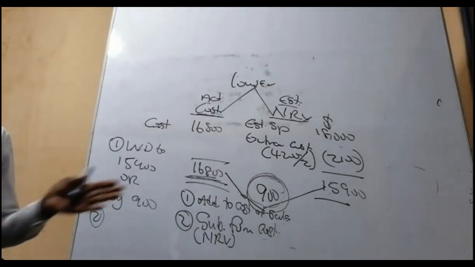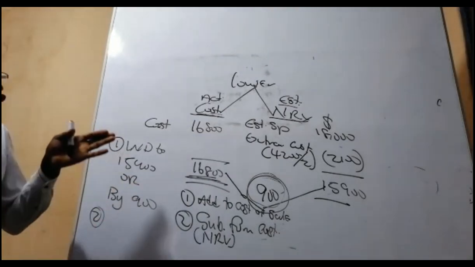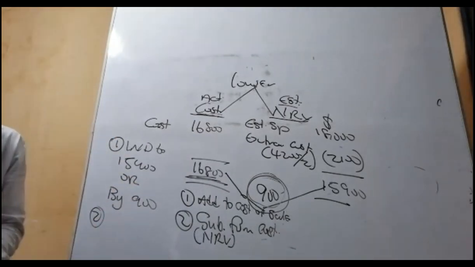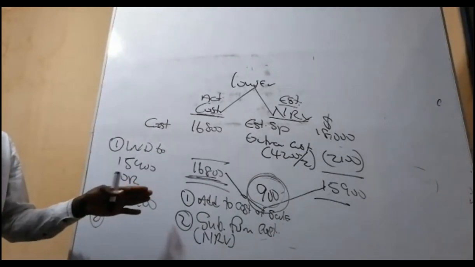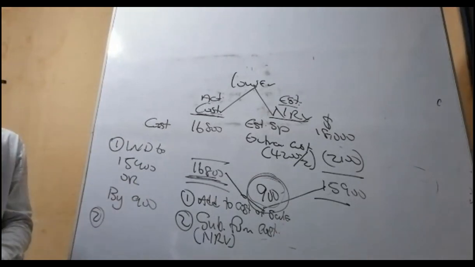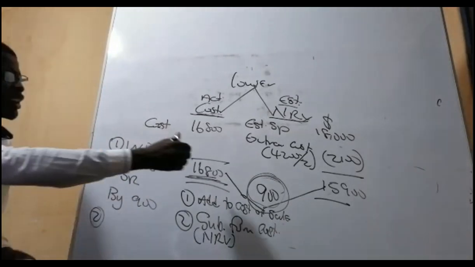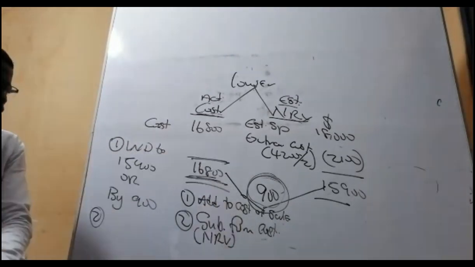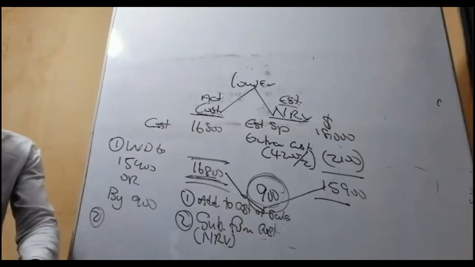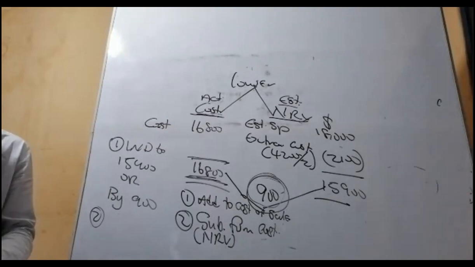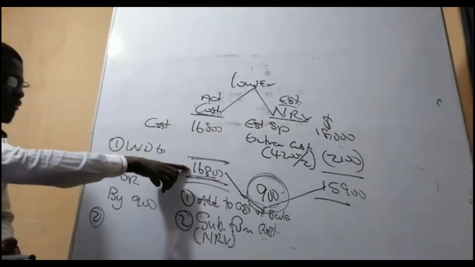You need to do this if and only if the NRV is the lower, or the lowest. Now the issue is this. If the cost of the asset happens to be the lower, you do nothing, because the cost is the actual.